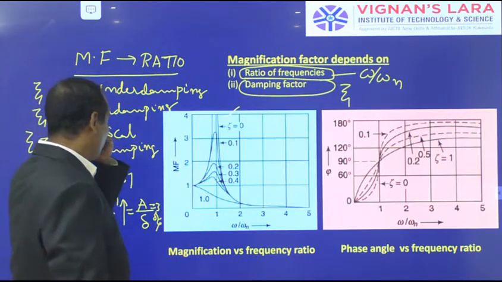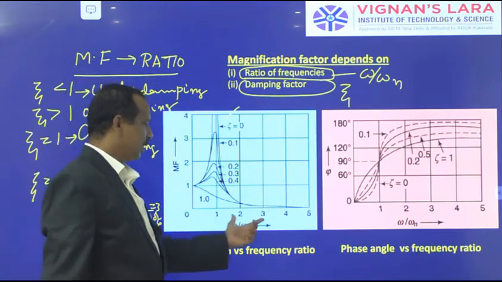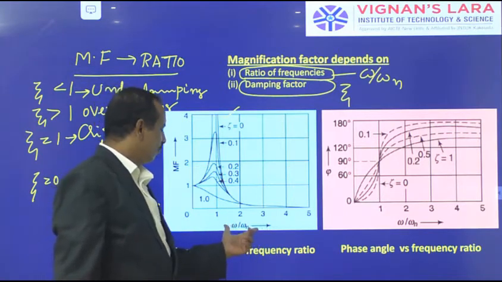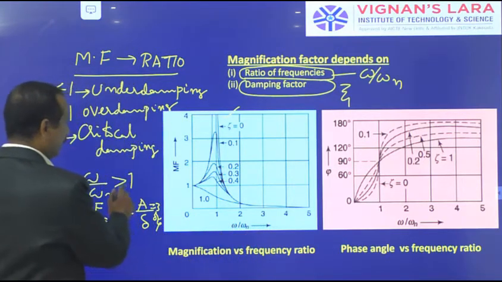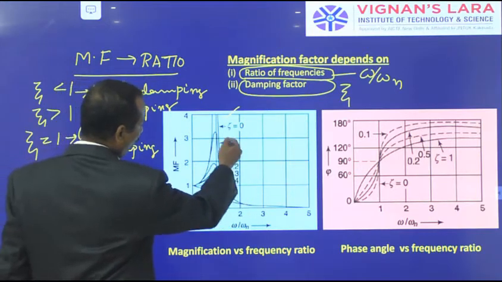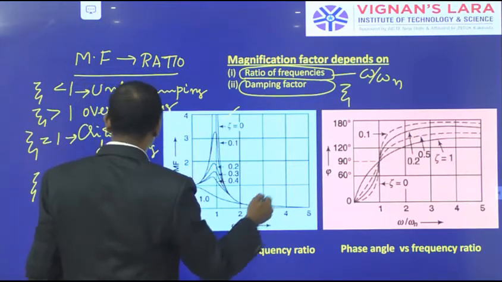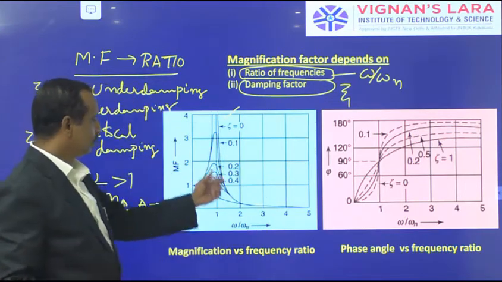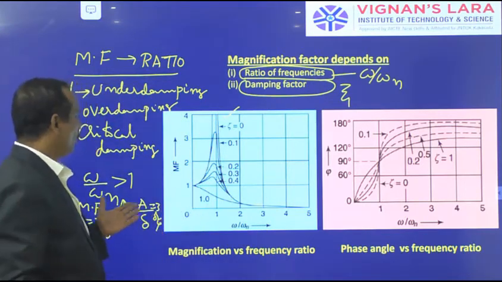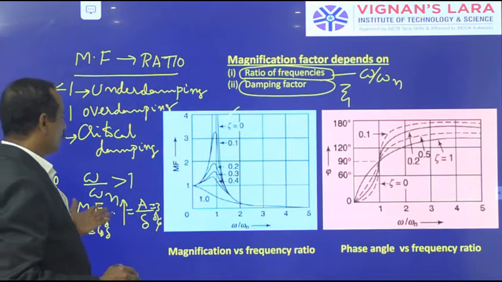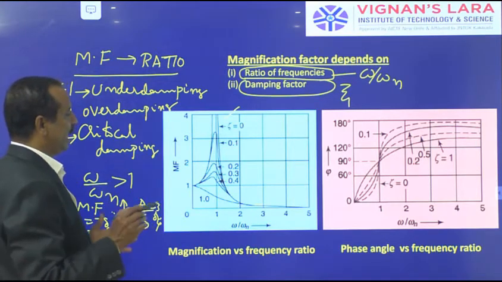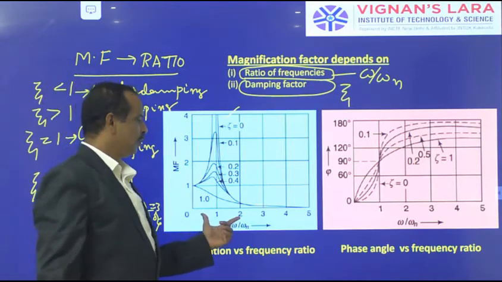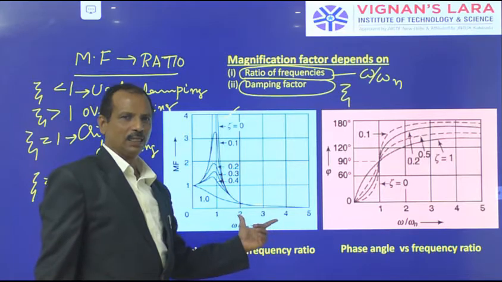That is why it is better to run your system with omega by omega n greater than 1, because when it is greater than 1, you can see the values of the magnification factor are dropping. It is going down. So I can say one thing: if I don't have damping, then it is always preferred to run the equipment with omega by omega n greater than 1.